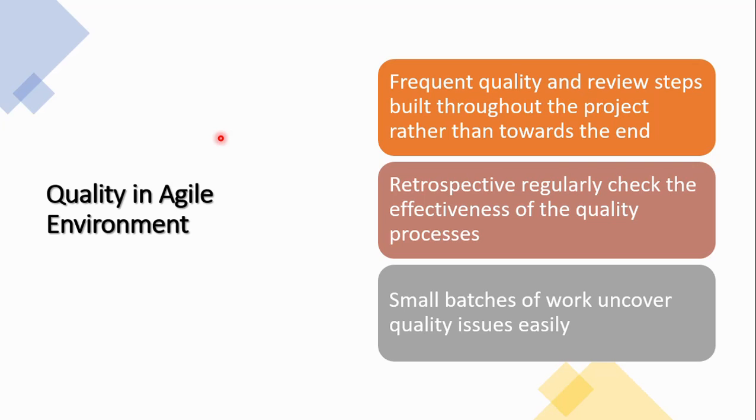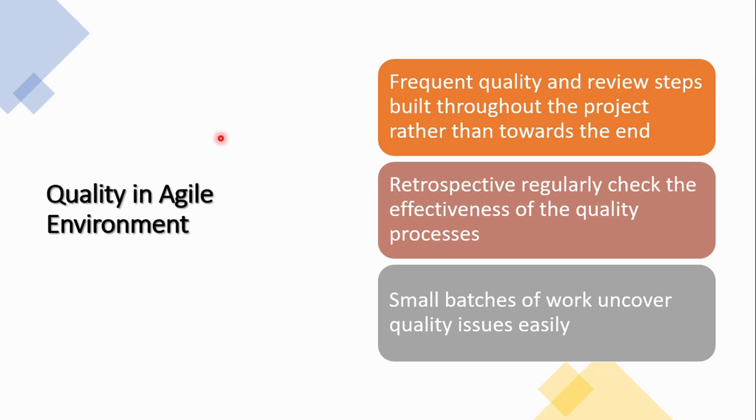And also, if you can recall, there are retrospective meetings after each iteration cycle, where the team gets together and tries to discuss the quality issues of the current deliverables that we had just delivered, and then that feedback is taken into the next cycle so that more corrective actions can be taken.